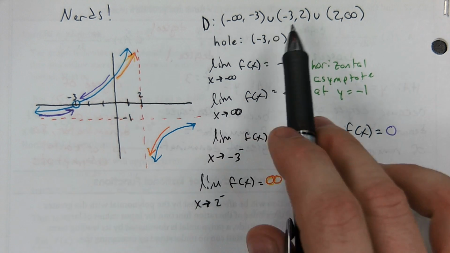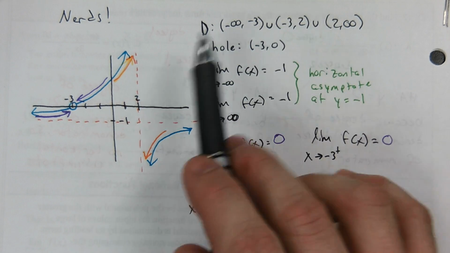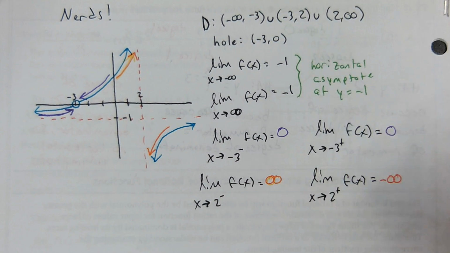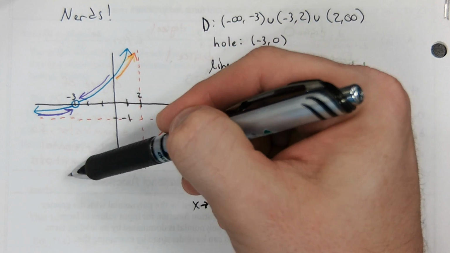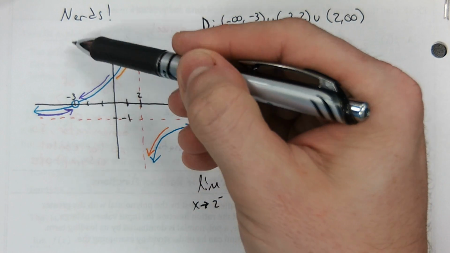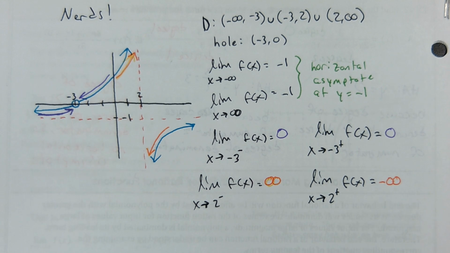It's simply an x I can't use, and that's why I had to hop over it with the union symbol. Just like I can't use x equals 2, I have to hop over it. It doesn't matter where it is vertically, the point is there is an x value where this graph does not exist. For this, it's only domain. It didn't ask for the range on the homework. It just wanted to know the domain.